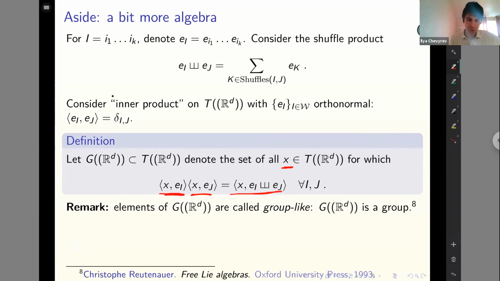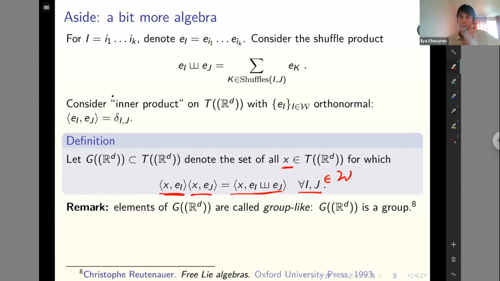This was the reason for introducing the shuffle product. This is for all words I and J. This set G has a special name. These are called group-like elements, and they actually form a group.